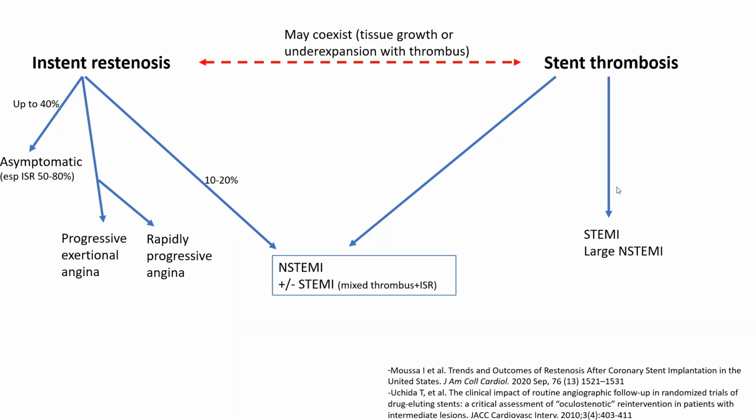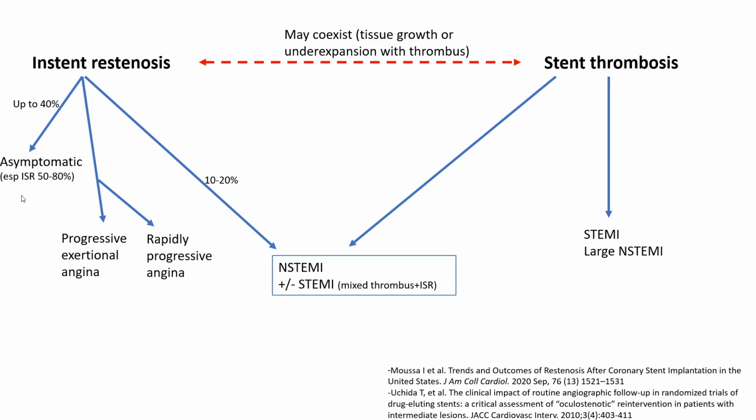That will change your management, as I will explain in a little bit. Another idea I want you to know from that slide, the various clinical presentations of in-stent restenosis. So yes, it can present as MI 10 to 30% of the time. Most often it presents as angina, progressive angina, exertional angina, or rapidly progressive angina.